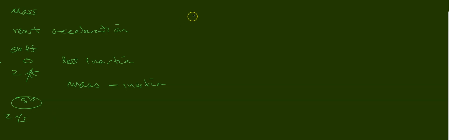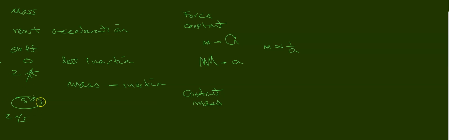So for a constant force, if you have a small mass, you're going to have a huge acceleration. If you have a big mass, you're going to have a small acceleration, which means the relationship between mass and acceleration is inversely proportional.